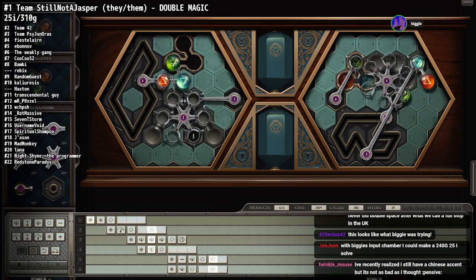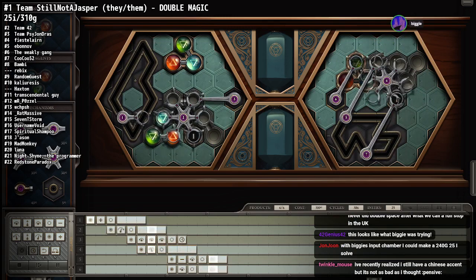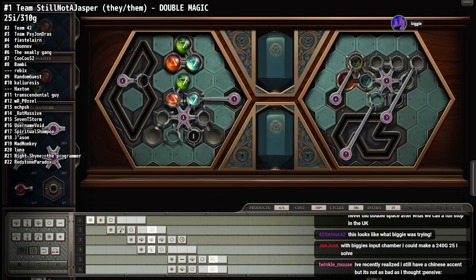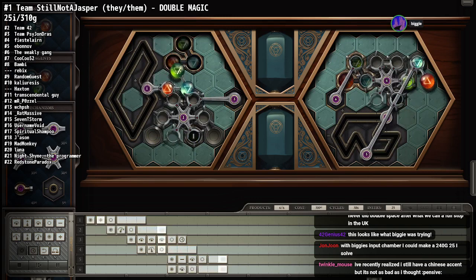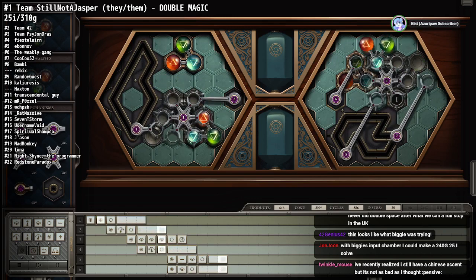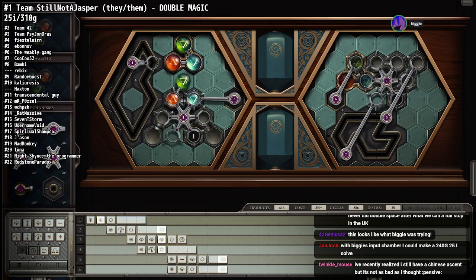Yeah, progress based on knowledge sharing, according to John, is that we have 240 gold, 25 I solved as the current 0th place, but there might be better. Still, Team Mount Jasper managed to pull this off just between the two of them, and that's amazing.